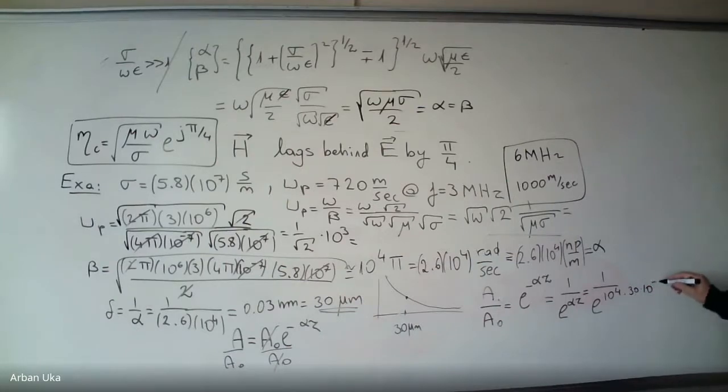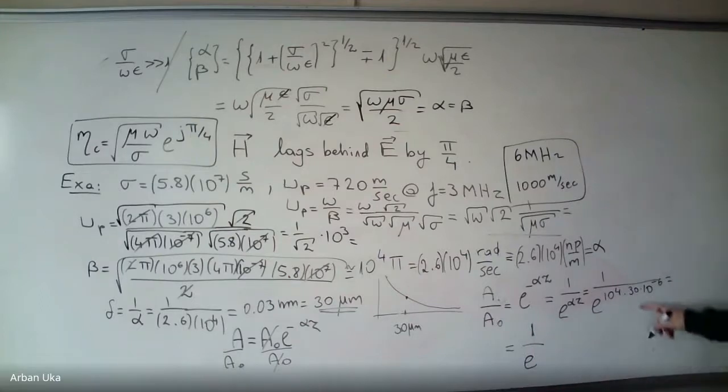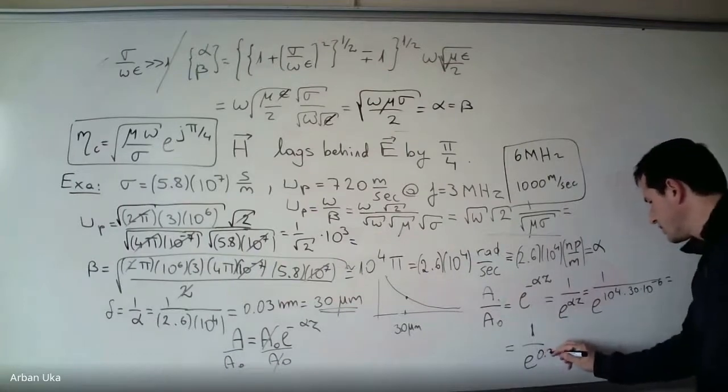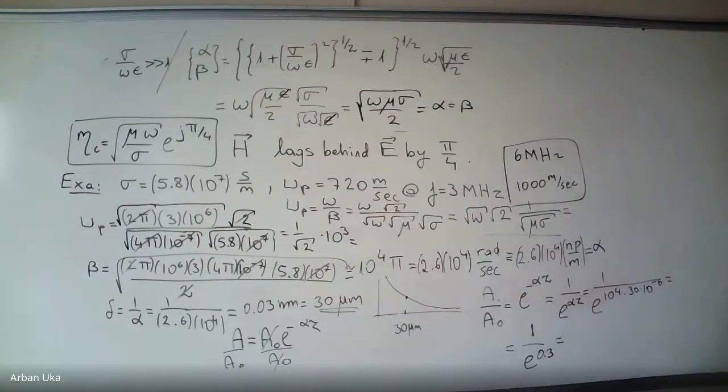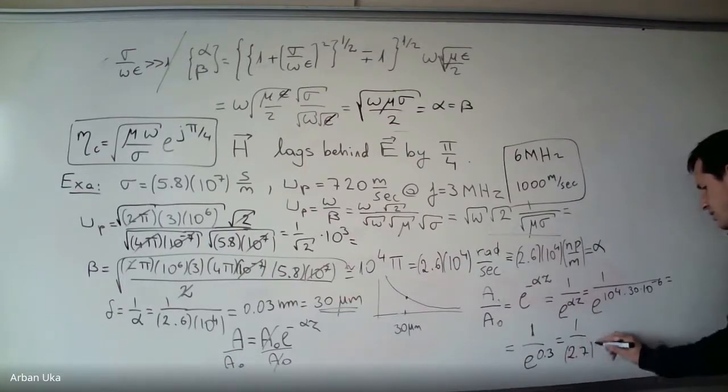So, 1 over e to the power of 30 times 10 to the power minus 6 times 10 to the power 4, which is 10 to the power minus 2, 10 to the power minus 1, 0.3. So e to the power 0.3. What is it? It's going to be 1 over 2.7 to the power 0.3.